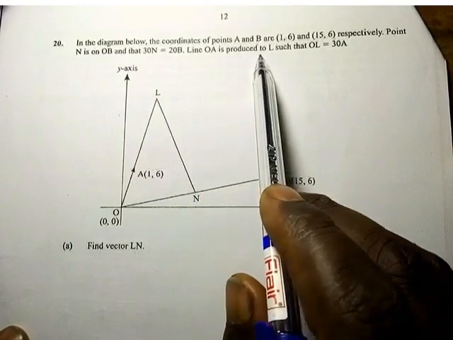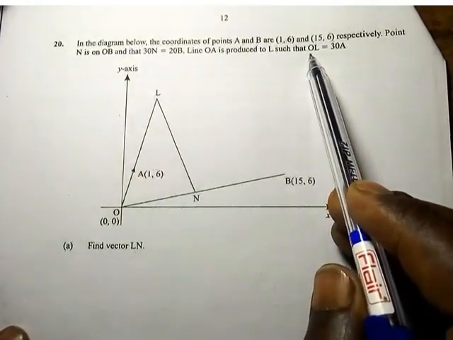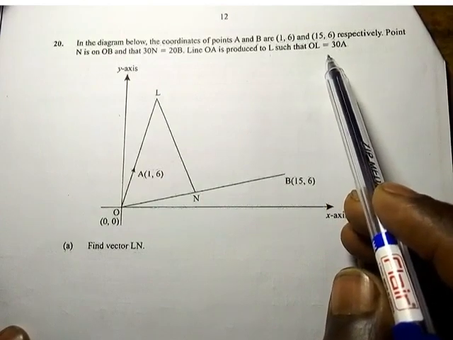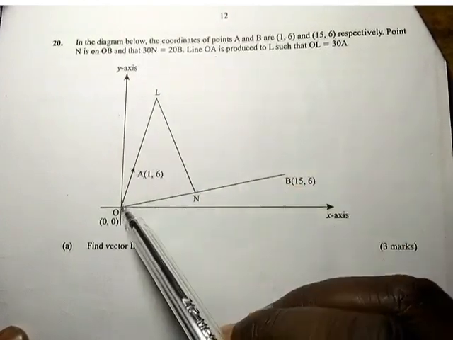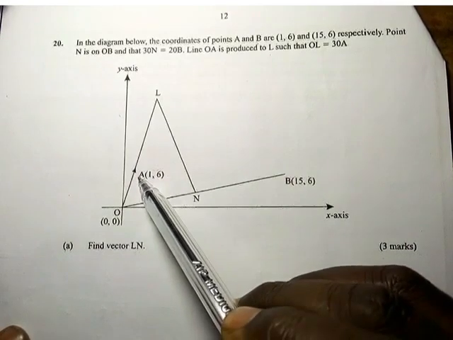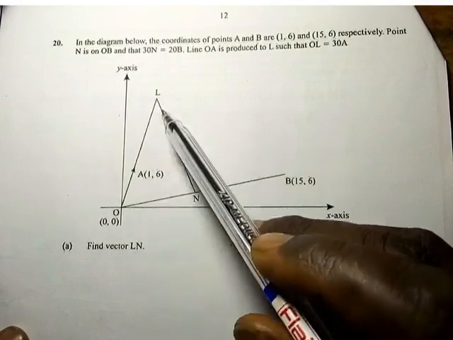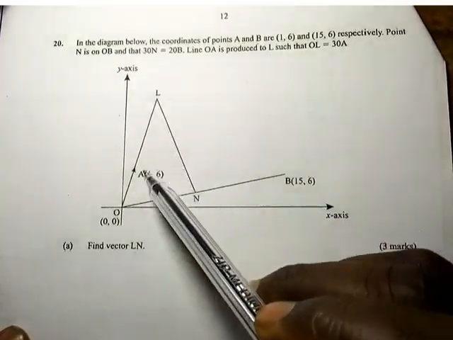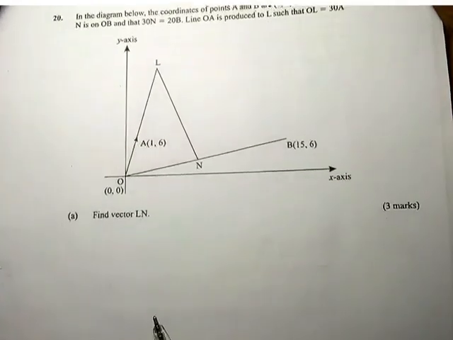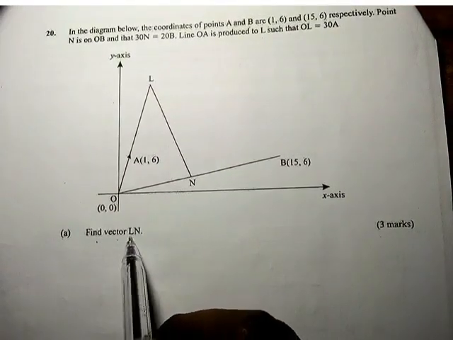Line OA is produced to L such that OL is 3 times OA. Good. So find the vector LN.